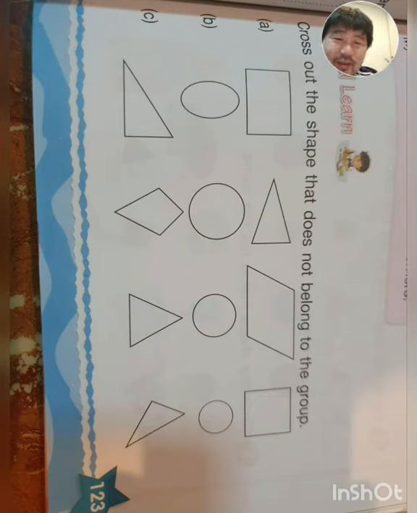Good. And shape number 3, what's that? Yes, that is also a quadrilateral because it has 4 sides and also 4 corners. And the last shape, what is that? Right, it's also a quadrilateral. Alright, good. So which one should we cross out? The second one, right, good. We're crossing out this one.